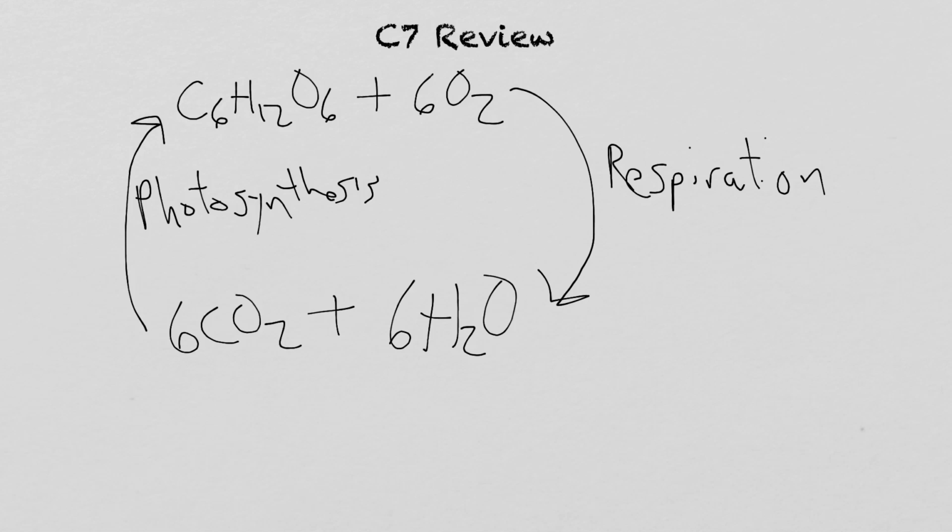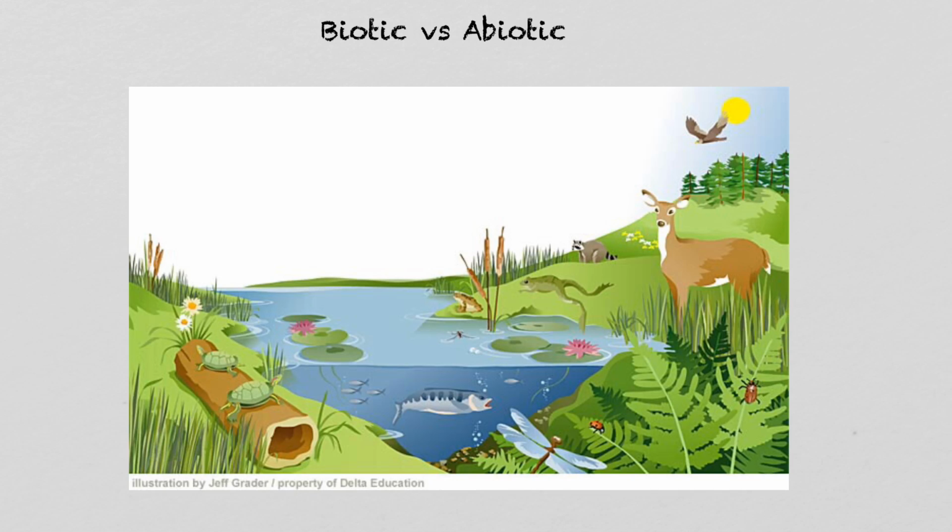So we're going to go into the next part, which I think is pretty simple, but just in case. In this picture, we're going to have biotic and abiotic. Number one, biotic: bio means life, and a means without. So biotic means things that are living, abiotic means things that are not living.